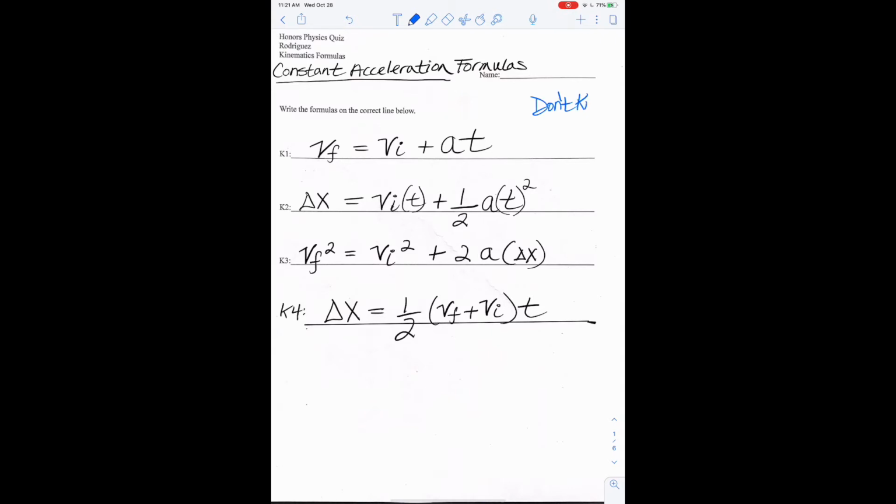So you pick the formula. Most students will always pick the formula they need based on what they know. But what I want you to realize is the formulas are different based on what you don't know. So for instance, in the first formula, something is missing in K1, right?